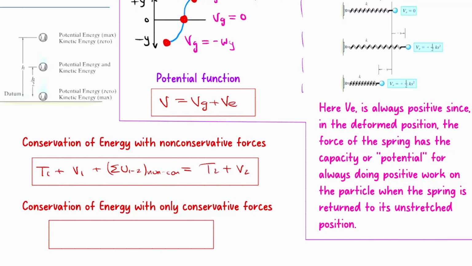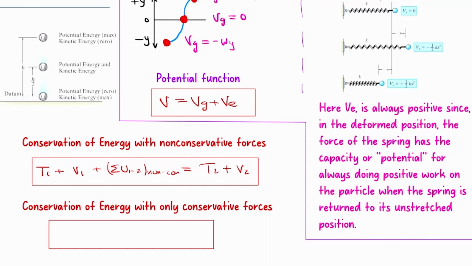So the energy before and the energy after will be different. More than likely the whole system at state 1 is going to be higher than at state 2, because some of the energy was lost due to friction, due to heat, due to sound, etc.